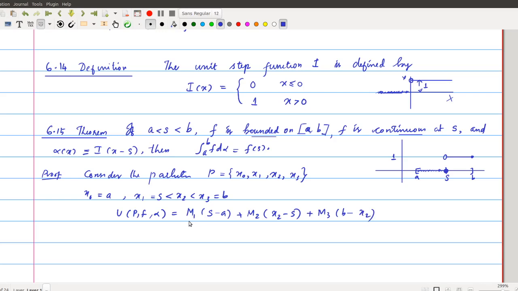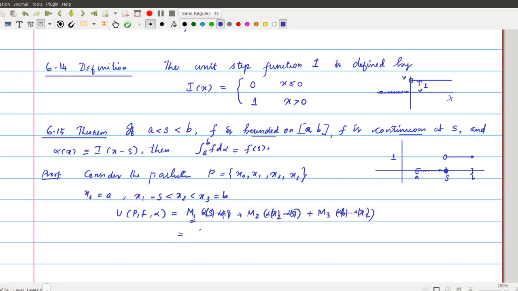Now just consider these things. What are m1, m2, m3? Here we have alpha of s minus alpha of a, alpha of x2 minus alpha of s, and alpha of b minus alpha of x2. So this is the upper sum. Now we evaluate alpha of s minus alpha of a. Alpha of s is 0, alpha of a is 0, so this quantity is 0.